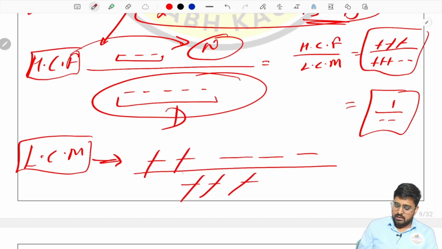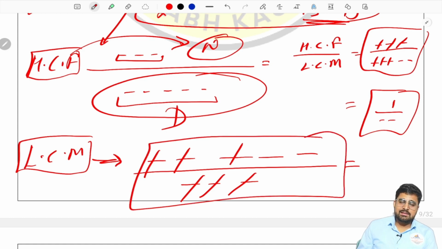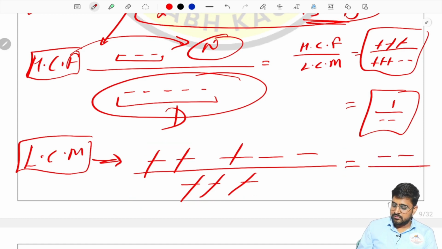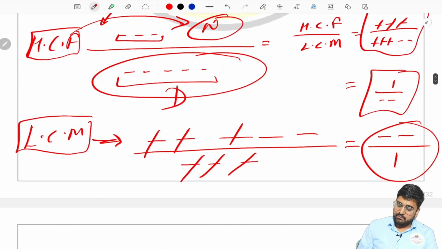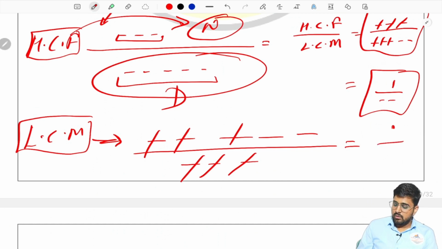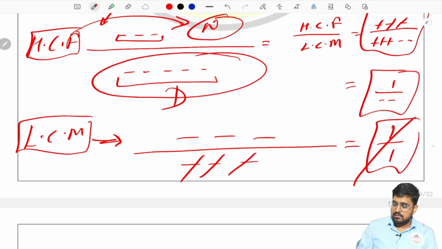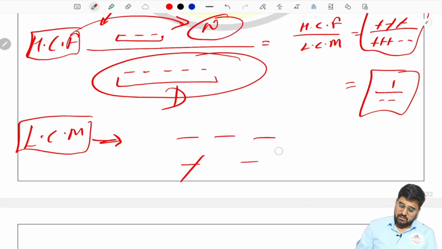Now there will be a chance that the number gets divided completely, or the number will always be greater than 1, because LCM is bigger than the HCF. And they might be equal also. For example, the LCM came equal to the HCF, and they divided and gave you 1, which means they are equal.